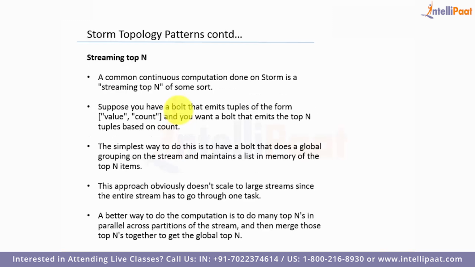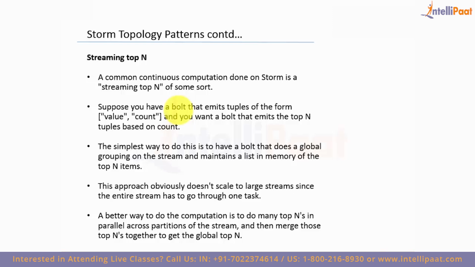The fifth one, and the last that we are going to discuss in this example, is streaming top N. We discussed an example where Twitter actually streams a large amount of tweets from its millions of users across the globe, and it processes them, calculates the hashtag, and based on it actually derives the trends.